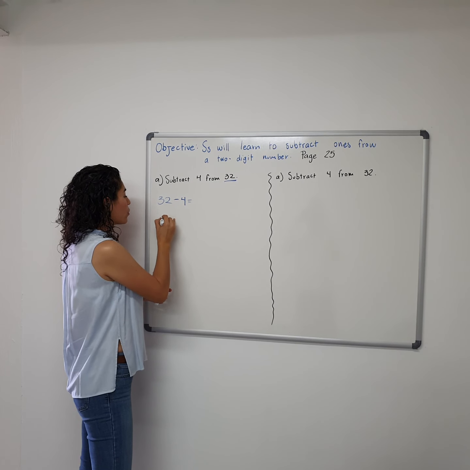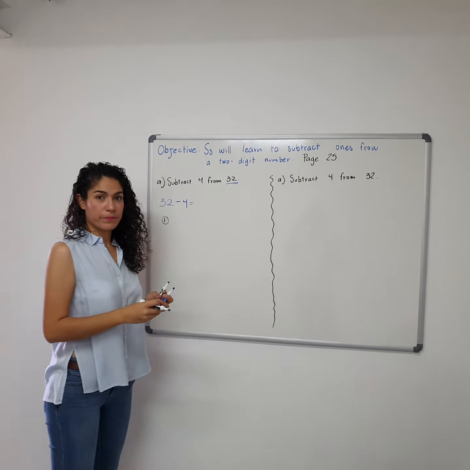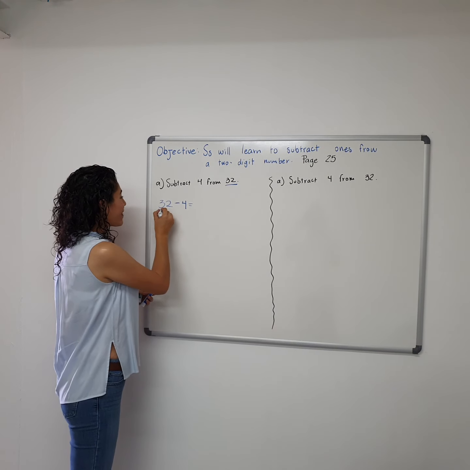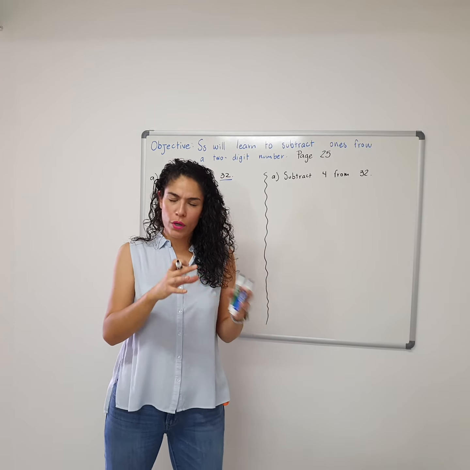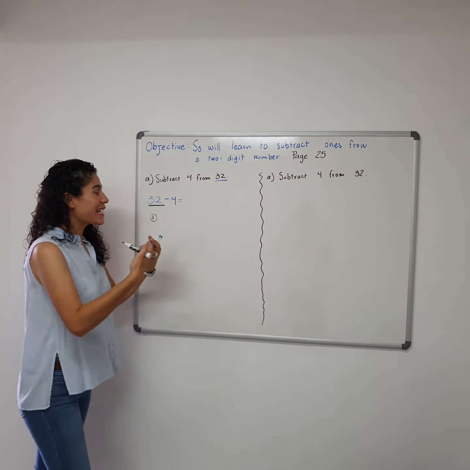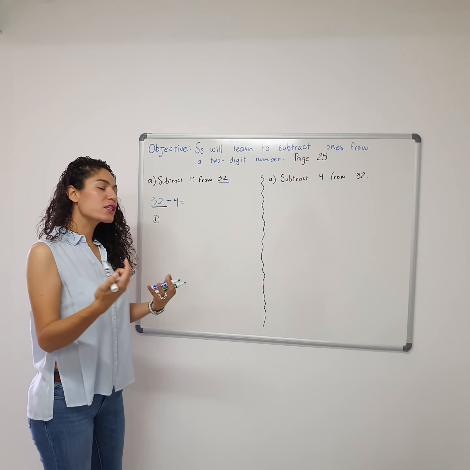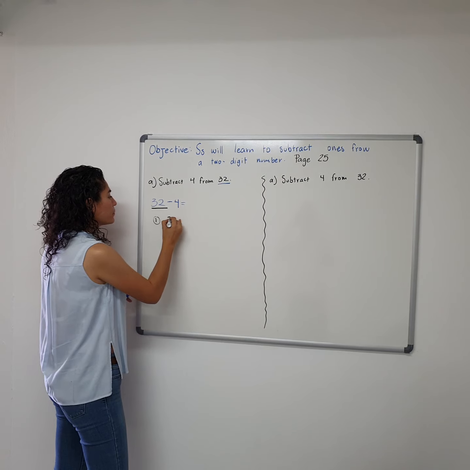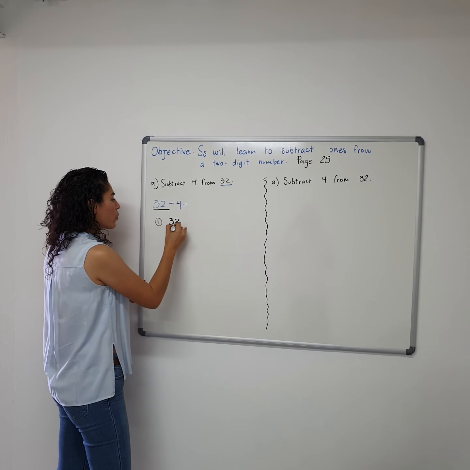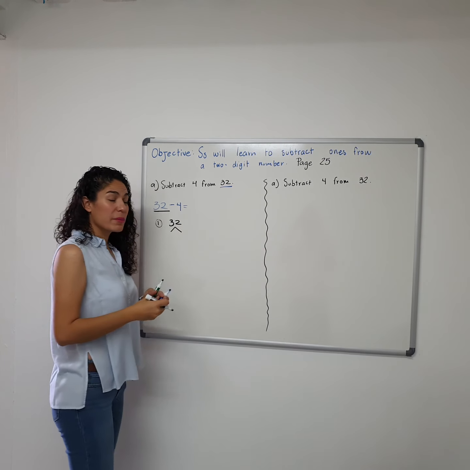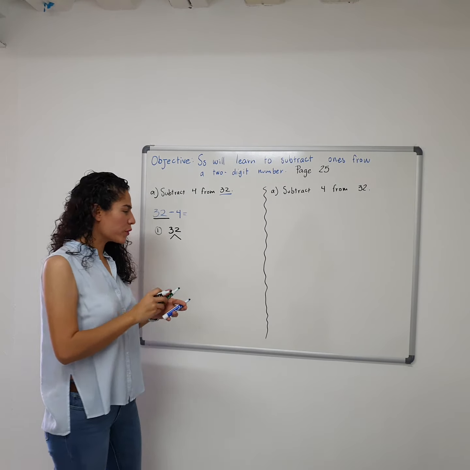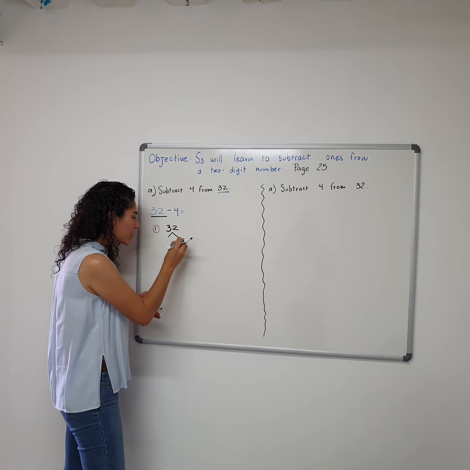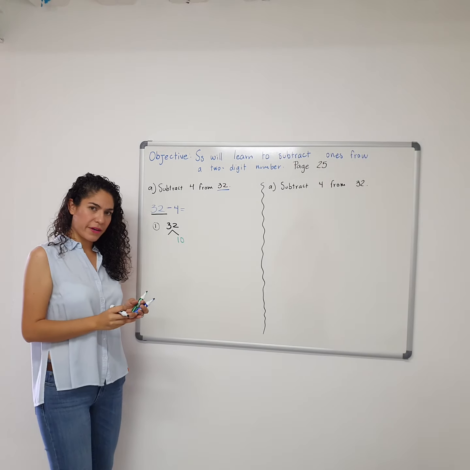Step number 1, okay? You need to take the first part, the biggest part, or in other words, the whole, and split it up. How are we going to split it up? In case you don't know what split up means, it means to divide it. You have to be really sure that you always get a 10 in here.